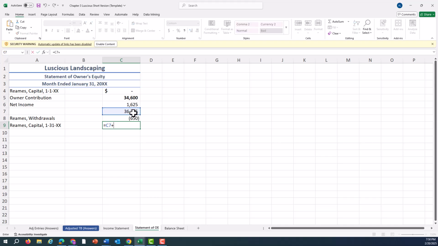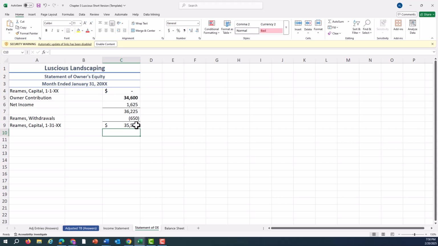But since Mr. Reams withdrew $650 of that from the business, Luscious Landscaping ended the month of January 20XX with a value of $35,575. And since Mr. Reams is a sole proprietor, the entire value of the business is attributable to him, $35,575.